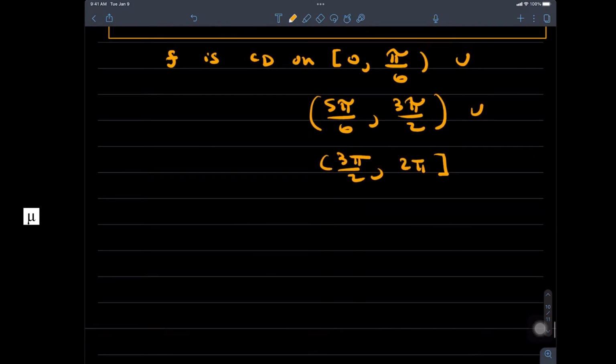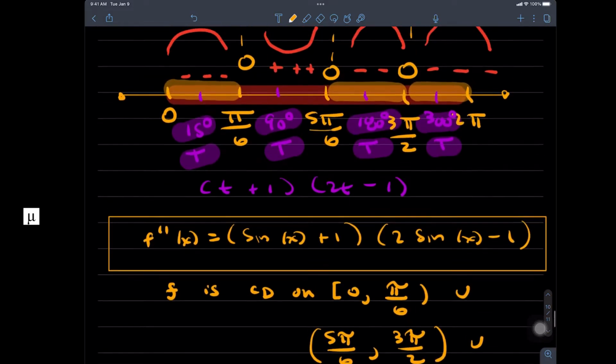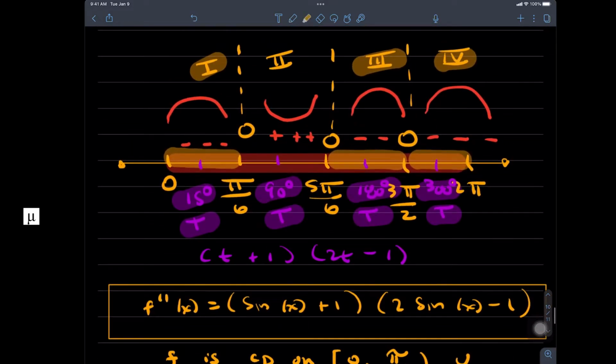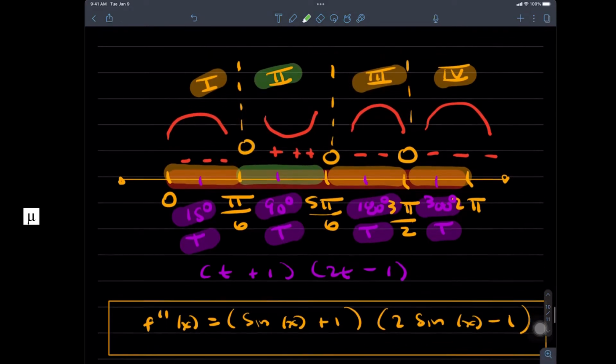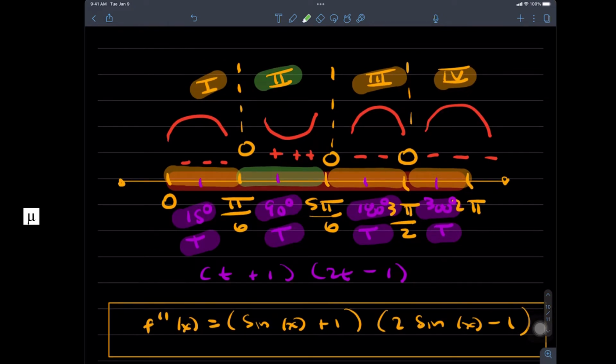Now, what's concave up? F is concave up on what interval? You see this one here? This is region number 2.